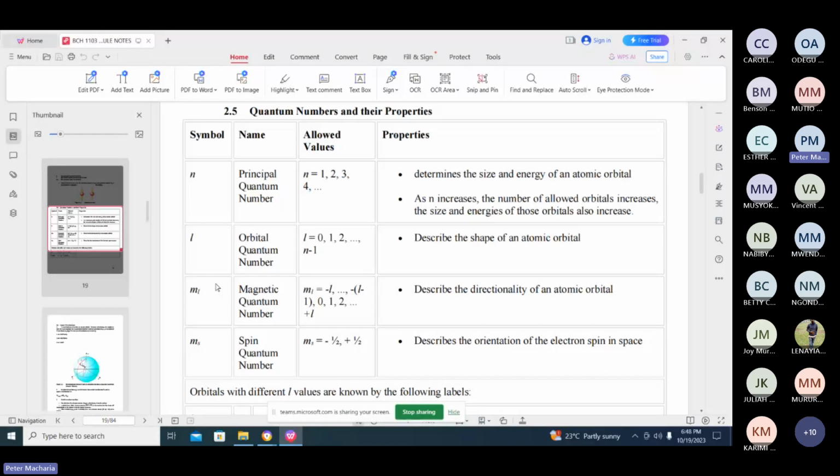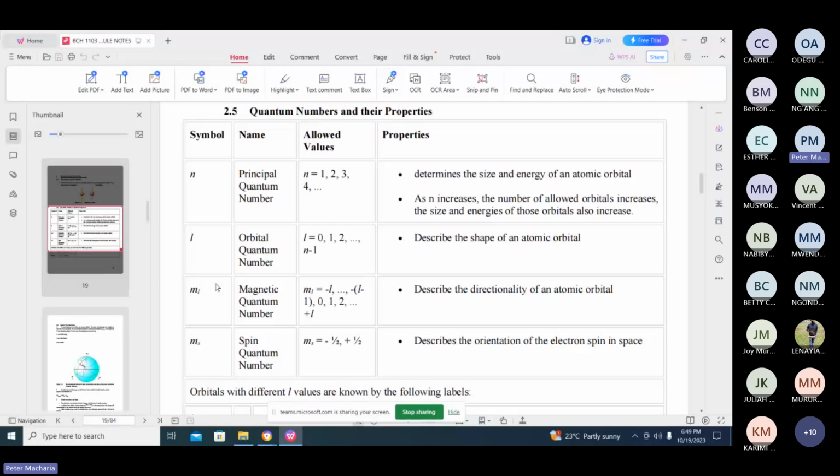Now, every sub-level has orbitals. The orbitals are represented by ML, and the orbitals take the values from negative L to positive L. For example, if the sub-level is 0, then there is only one orbital, because negative 0 and positive 0 are the same.